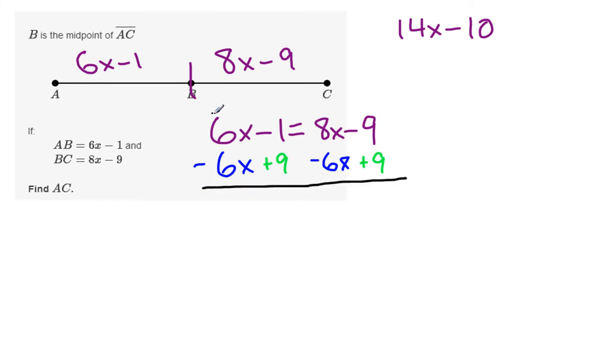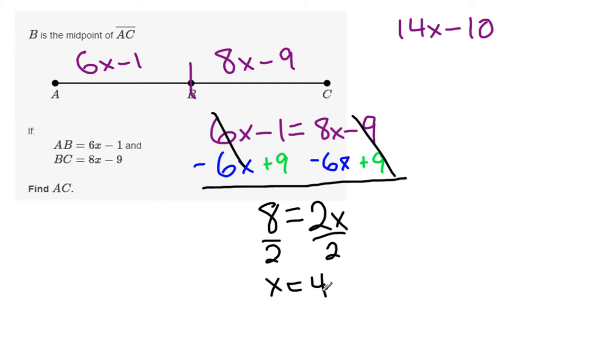Cancel out our stuff. Negative 1 plus 9, that's 8, equals 8x minus 6x is 2x. And 9 and 9 cancel out. And this is pretty straightforward here, but we do it anyway. So x equals 4.